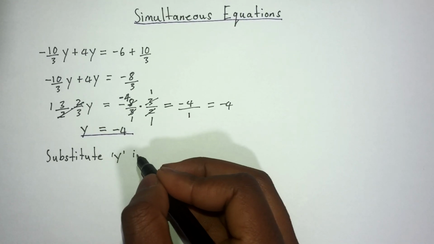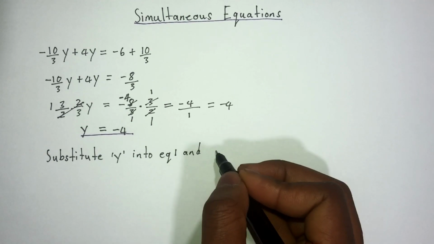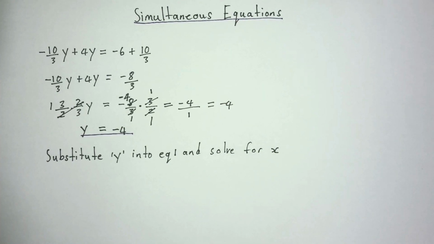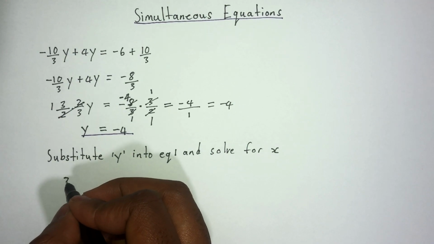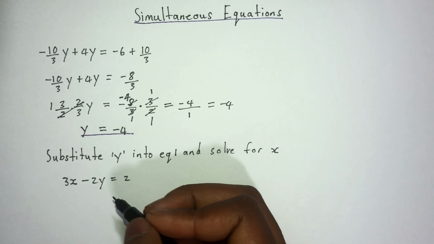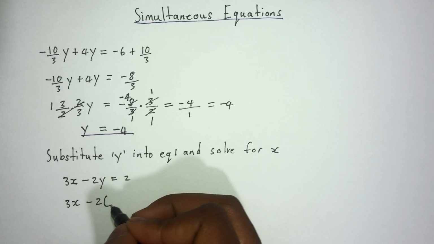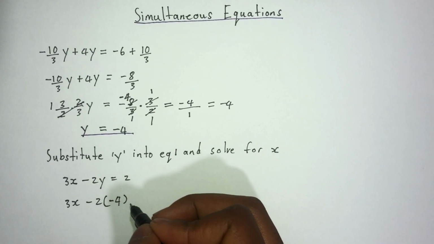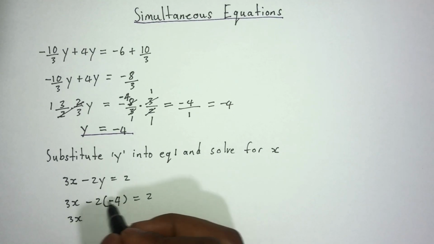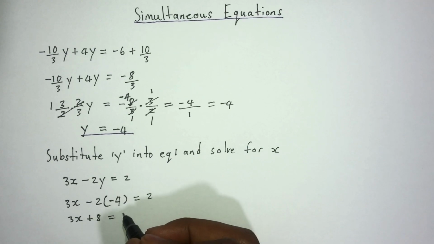And equation 1 is 3x minus 2y equals 2, and y equals negative 4. So we will have 3x minus 2 times negative 4 equals 2. Negative 2 times negative 4 is positive 8. So we have 3x plus 8 equals 2.